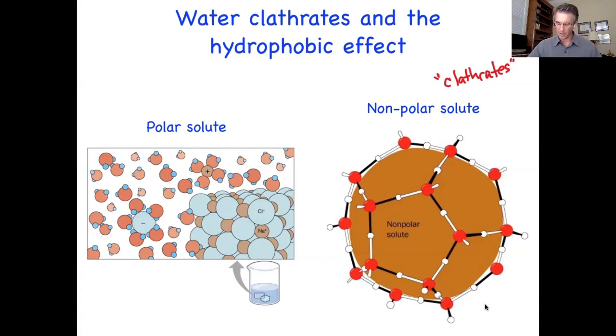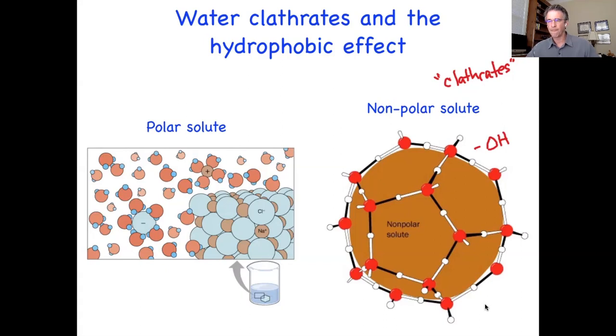So the formation of these hydrogen bonds is super enthalpically favorable, and that's going to contribute a negative enthalpy to the presence of this hydrophobic stuff in the solvent. In other words, the hydrogen bonding itself, this high residence time hydrogen bonding, clathrates of water, is enthalpically favorable because of the strength of those hydrogen bonds, right?